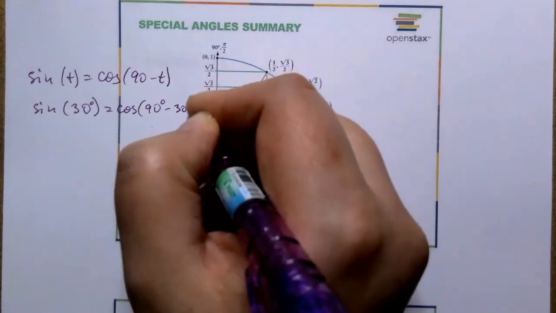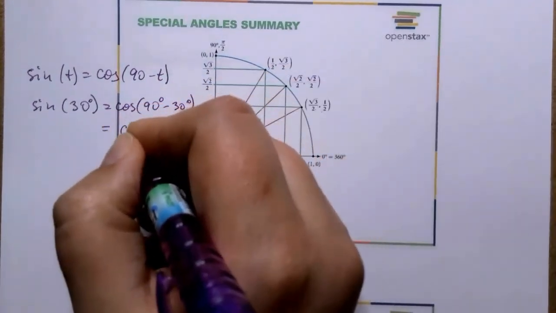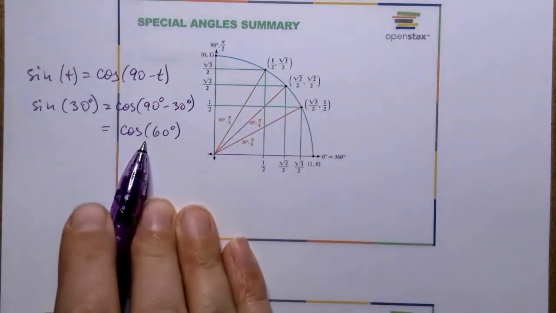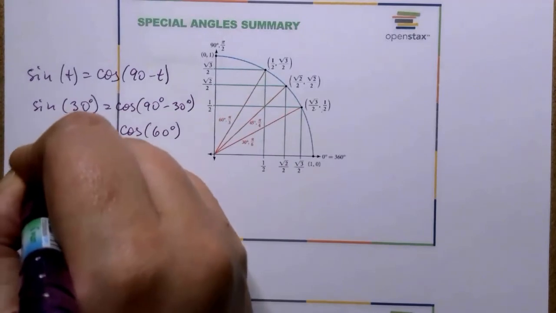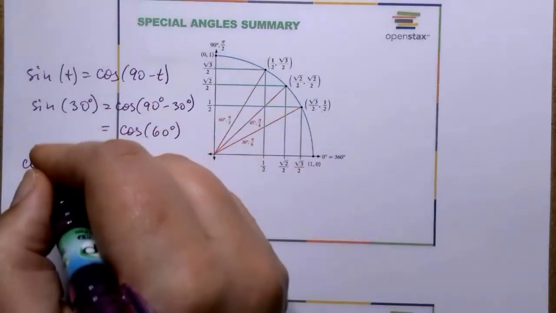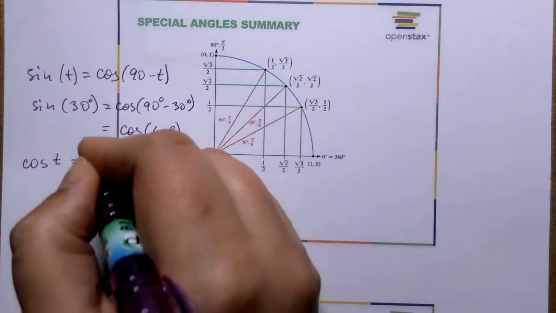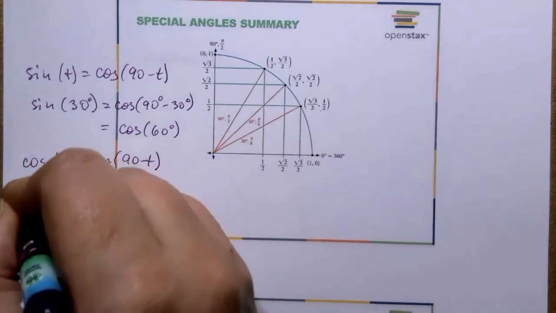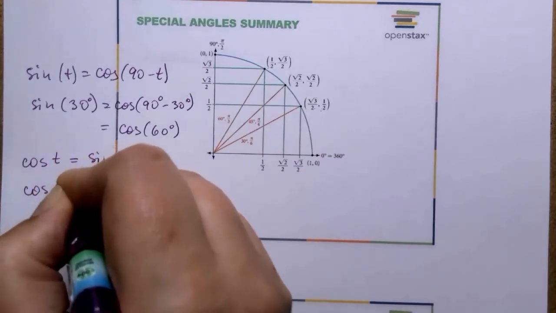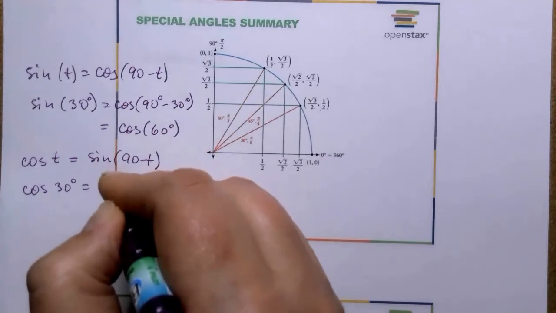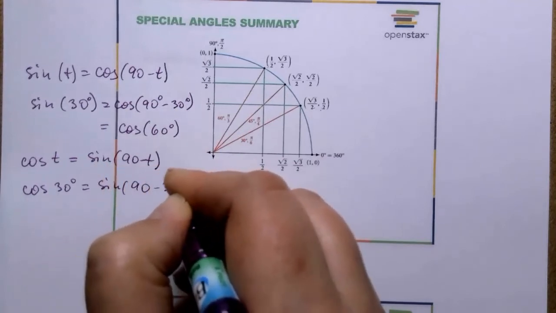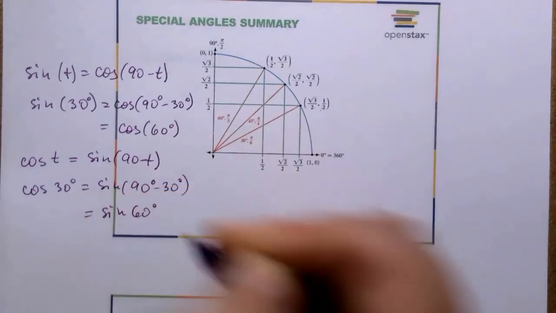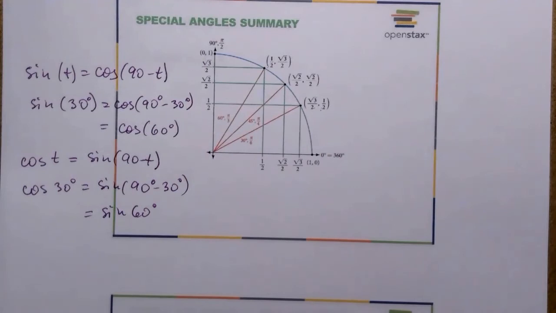And what's 90 minus 30? That's actually 60. All right, so sine of 30 is the same as cosine of 60. Same goes for the cosine. Cosine of t is sine of 90 minus t, right? So in the case of 30, we have a sine of 90 minus 30, which gives us a sine of 60. So it works both ways.